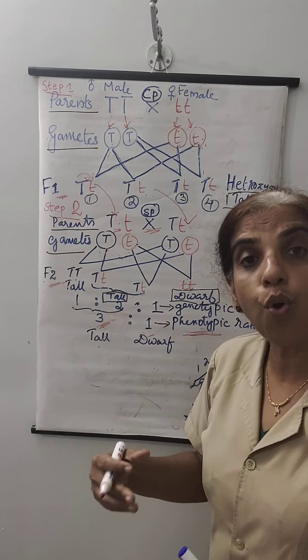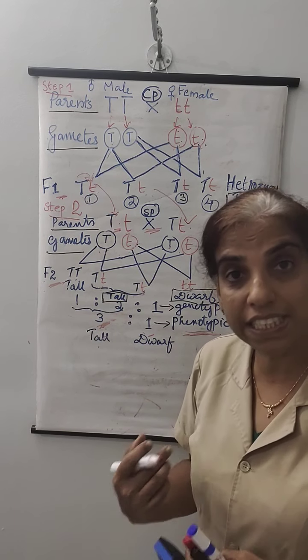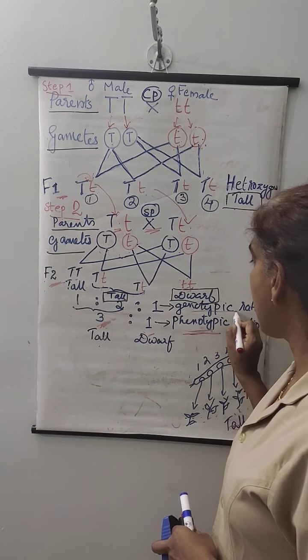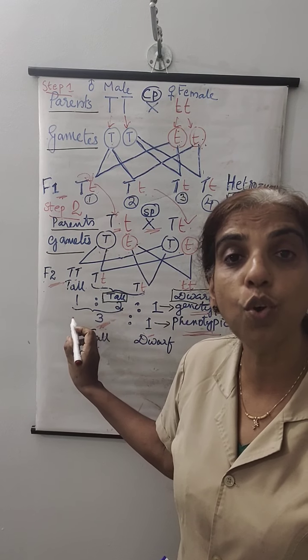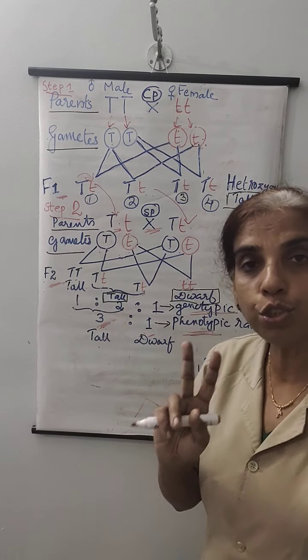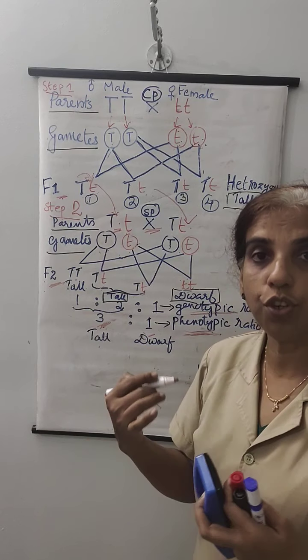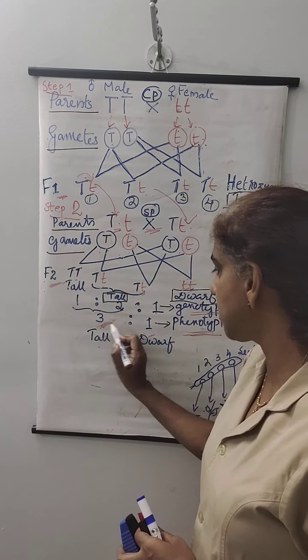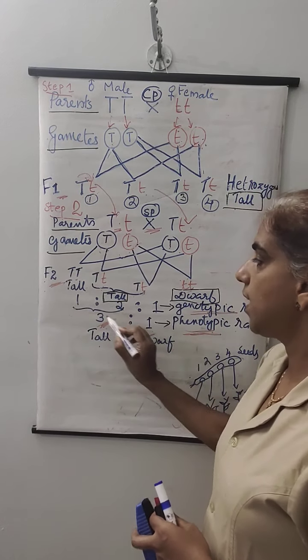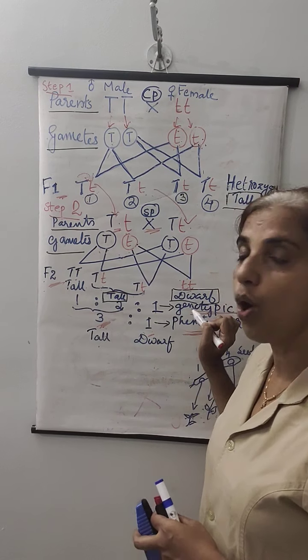But when you go for more analysis, allelic constitution or gene constitution, you have got genotypic ratio 1:2:1. So we have got two types of ratios. One, phenotypic ratio with physical appearance, that is 3:1. Then comes the genotypic ratio 1:2:1.